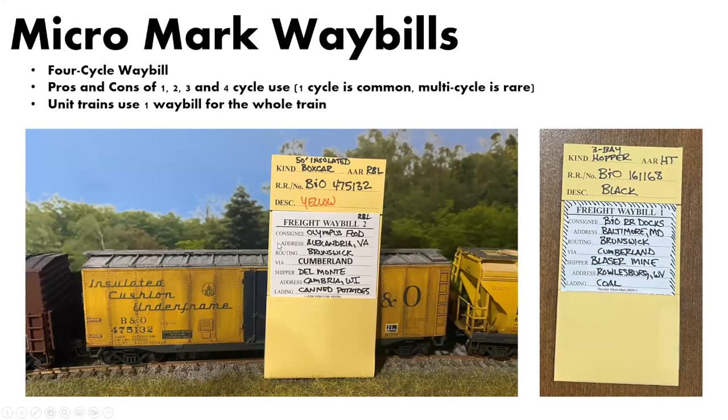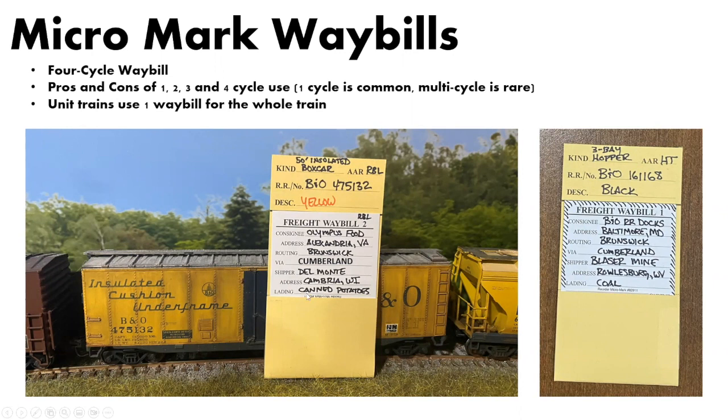So if you look at the bottom, it's canned potatoes, okay? And it's shipped from Del Monte in Wisconsin, and it's going to Olympic Food in Alexandria, Virginia, routing to Brunswick via means through Cumberland. So this tells you basically everything you need to know.